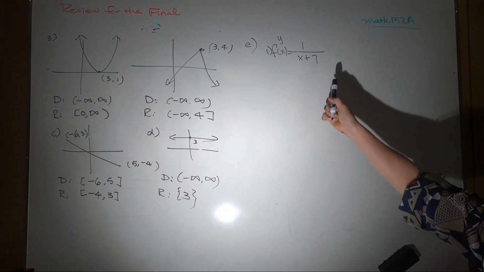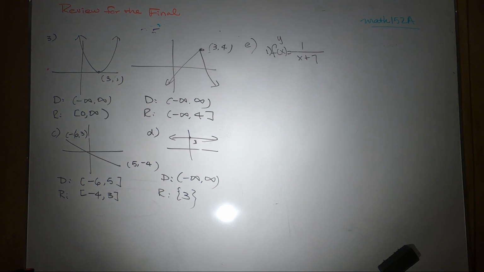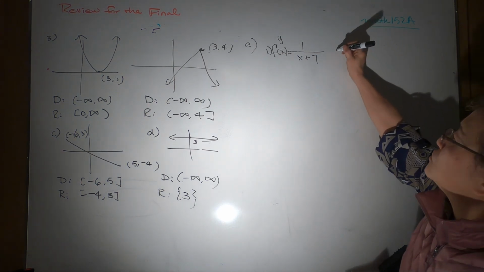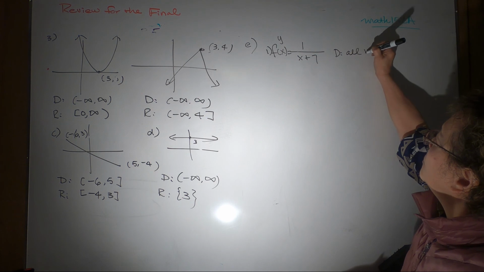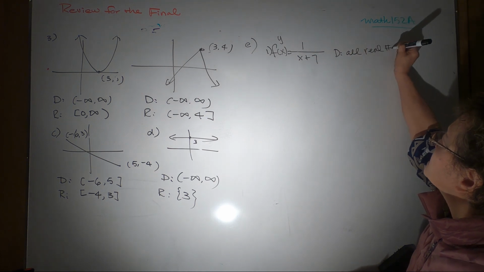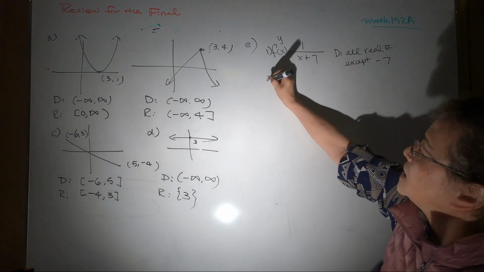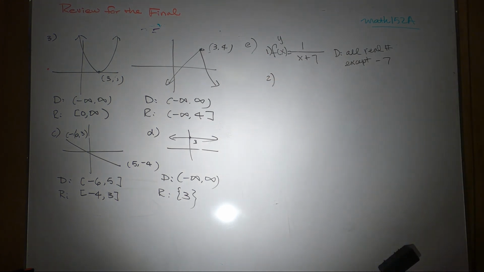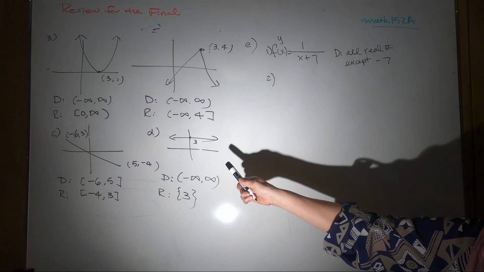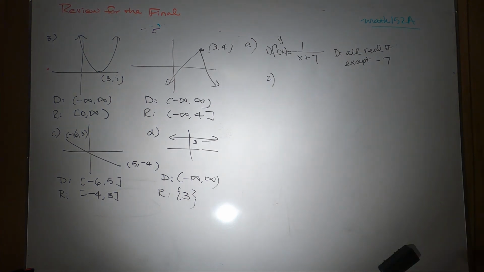Negative 7, because it will make the denominator 0. We cannot do that. So your domain is all real numbers except negative 7. You don't know the range because you have to see the graph, which you can do when you use the calculators in your 154A class.